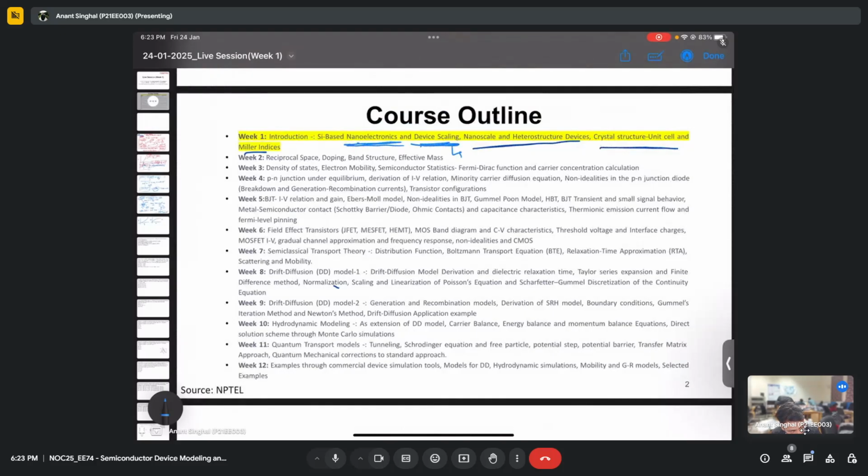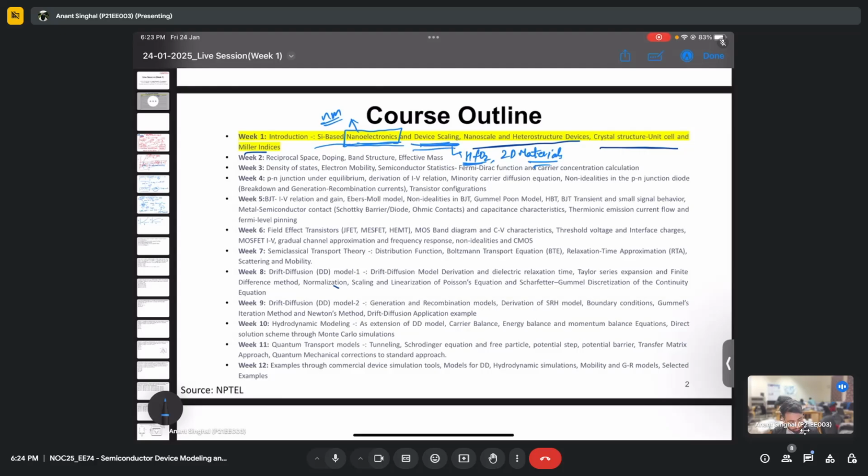There is one material called HfO2 that people are focusing on a lot now. There are 2D materials that people are focusing on to have lesser power consumption.